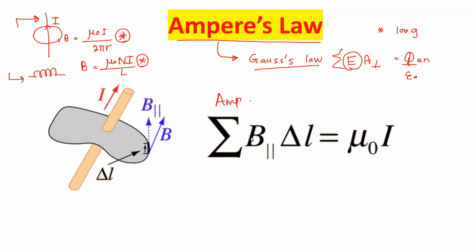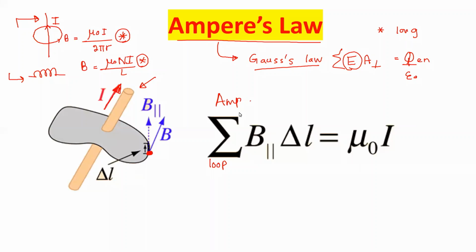So just like the Gauss's law, here also we go around a closed loop. For example, let's consider this current carrying conductor. So this conductor carries current this way. And we know because of the conductor, there will be a magnetic field around it, right? So here, let's say we are trying to find the magnetic field at a point like this.